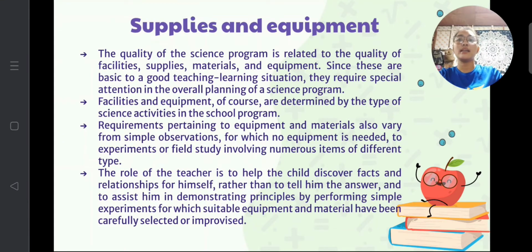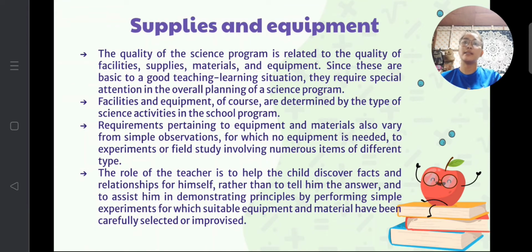So next is the supplies and equipment. So the child's environment, as it expands rapidly with new breakthroughs in science and technology, offers unlimited opportunity for science learning.